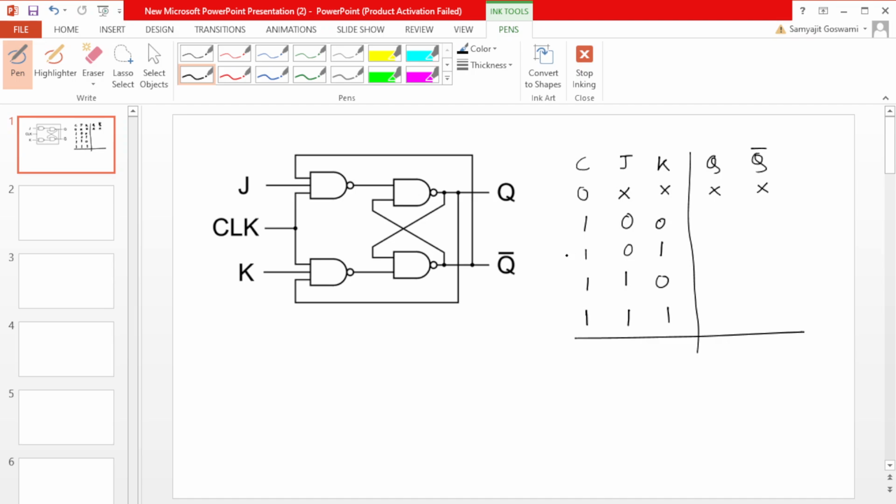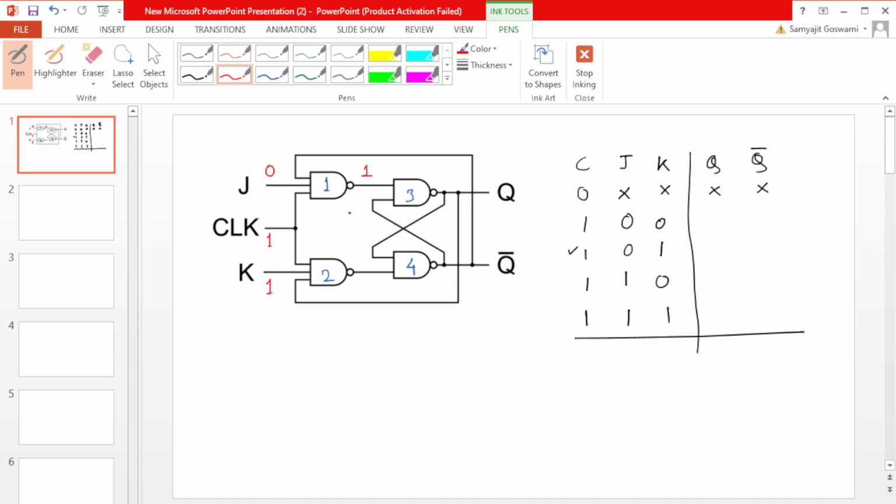Now we start with the condition that clock is 1 and J equals 0, K equals 1. I have denoted this as gate 1, gate 2, gate number 3, gate number 4. As there is a 0 input, according to the NAND gate principle, the output of gate 1 is definitely 1.